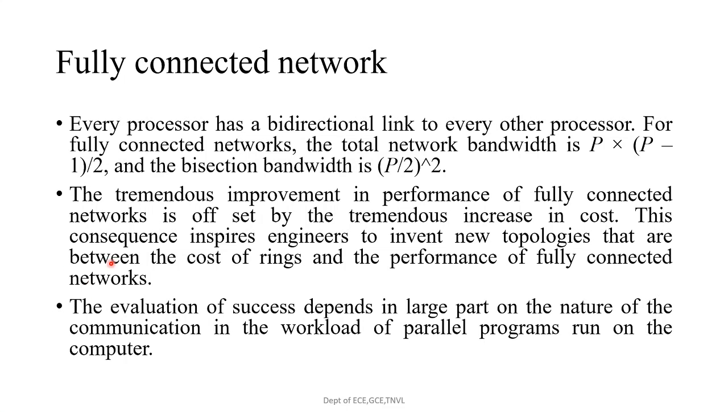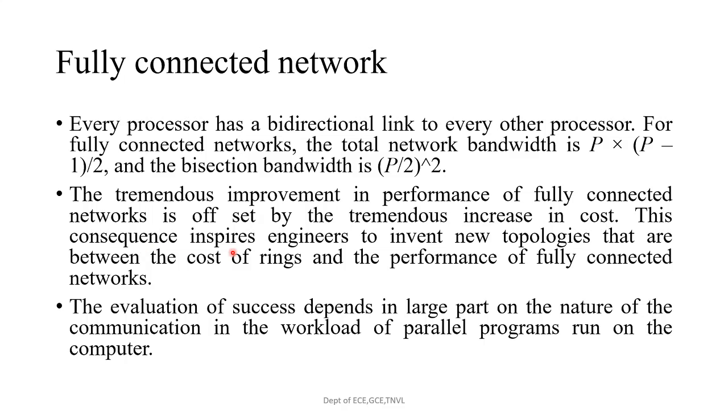At the other extreme from a ring is a fully connected network, where every processor has a bidirectional link to every other processor. For fully connected networks, the total network bandwidth is P times (P minus 1) divided by 2, and the bisection bandwidth is (P/2) squared. The tremendous improvement in performance of the fully connected network is offset by the tremendous increase in cost.